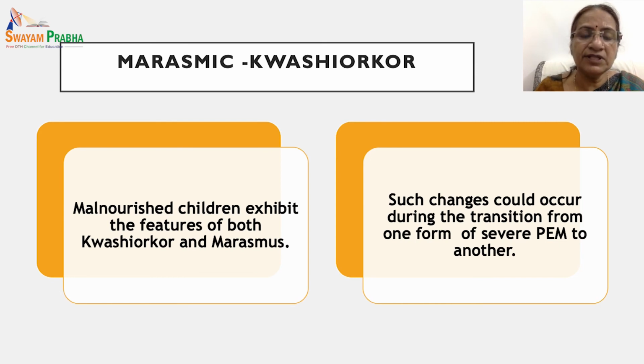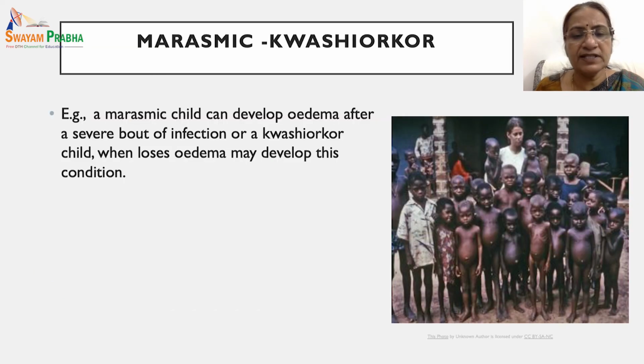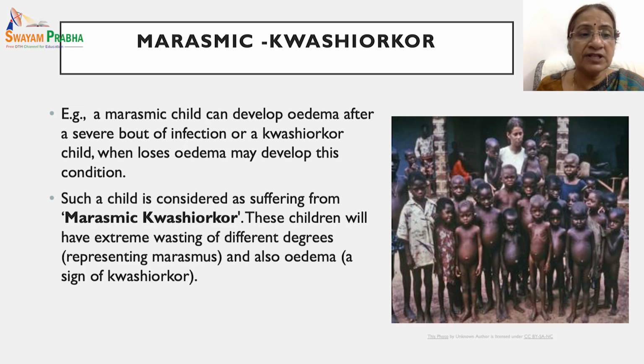These intermediate forms are called marasmic kwashiorkor. For example, a marasmic child can develop edema after a severe bout of infection, or a kwashiorkor child, when he loses edema, may develop this condition.